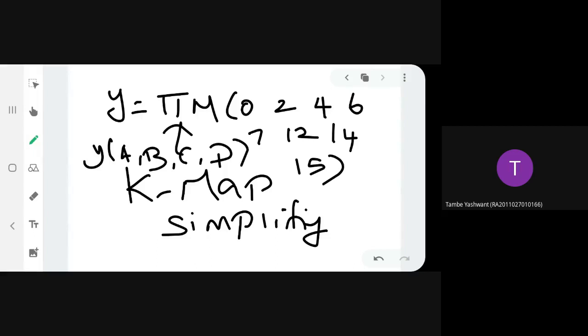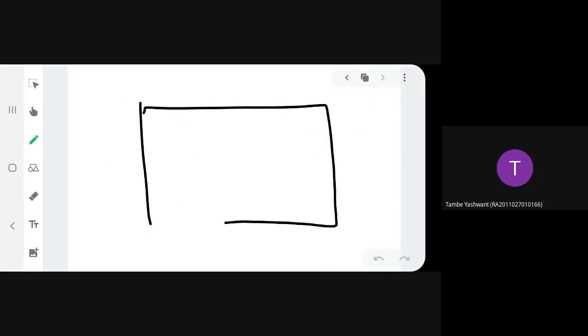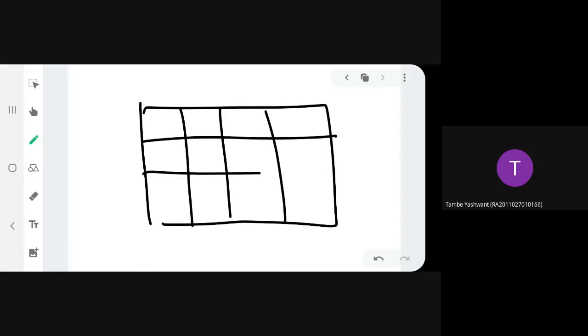Now, the first thing that you are going to do is draw the standard 4 variable K-map structure. So I am drawing it. You also should do the same thing in your notebook. Are you trying this? Do this 4 variable K-map structure on your own.